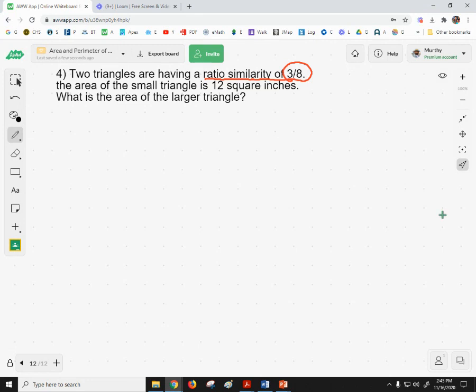I see that in 3/8, 3 is smaller and 8, as compared to 3, is larger, right? Therefore, 3 indicates the small triangle, and 8 indicates the larger triangle. The area of the small triangle is 12 square inches.